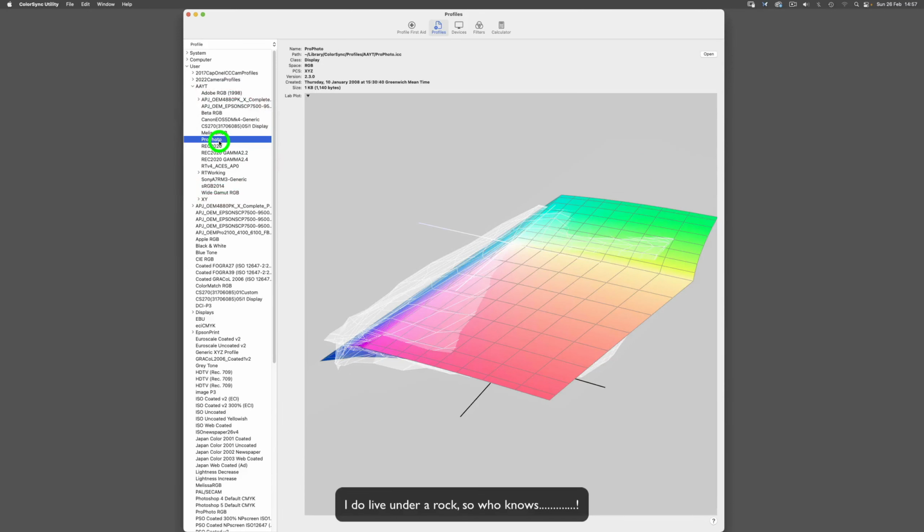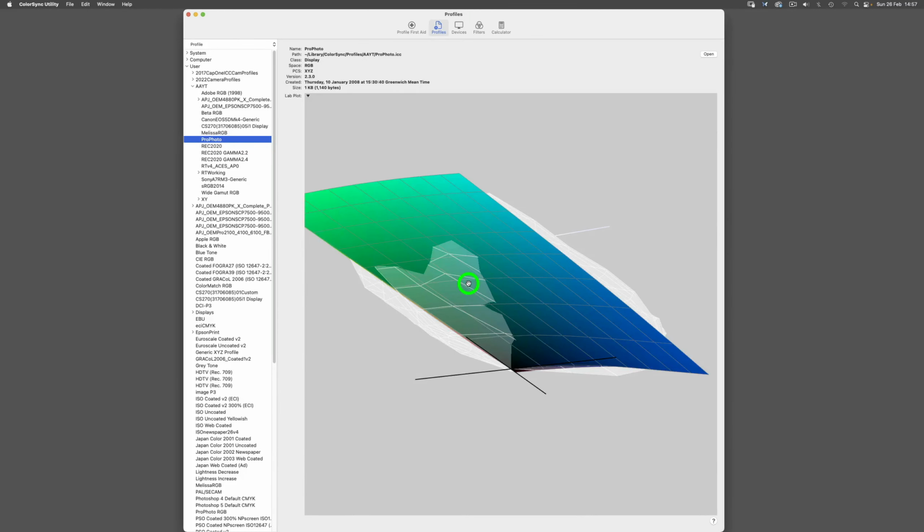So I just stick with ProPhoto and it works for me, and it doesn't cause any problems for my professional picture production or my income, I'll say, on that side of things. So it's plenty big enough to handle the majority of colours captured by your camera and the majority of colours, or all of the colours, that you can reproduce as output on your printer.